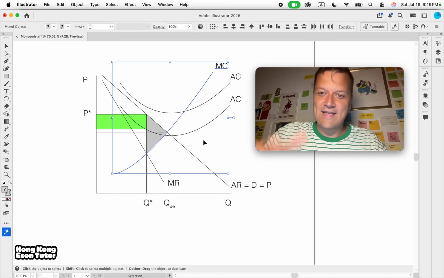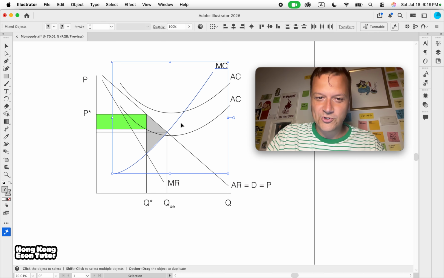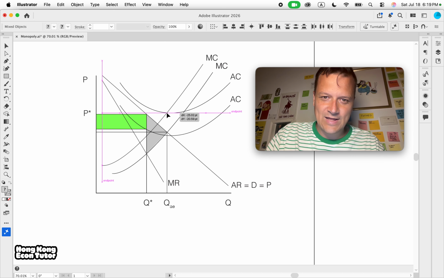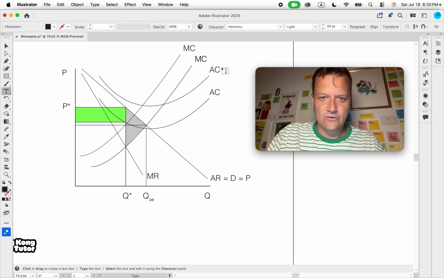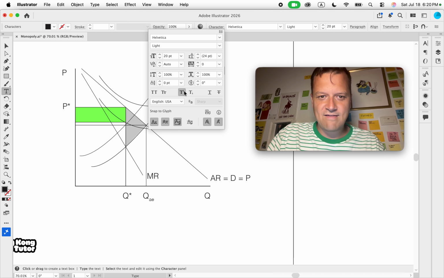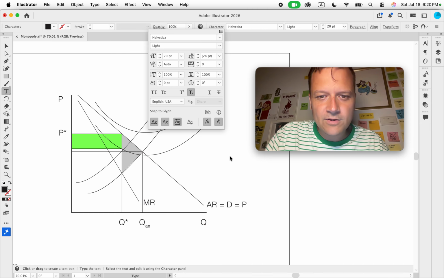Anyway, sorry. So the average cost rises, but also if the variable cost rises, that would mean that the marginal cost would shift in a little bit. So we'll do that too. Let's label this. Remember, you can do a little subscript here. Let's pop this down to AC2. Sorry, subscript, not superscript.